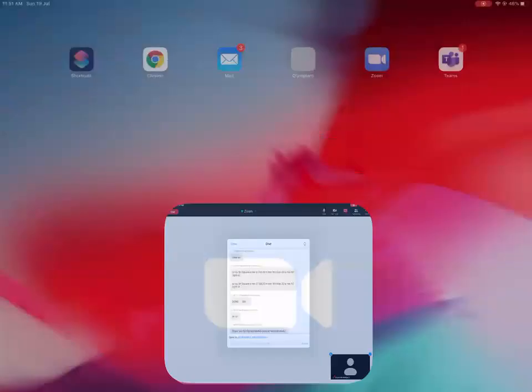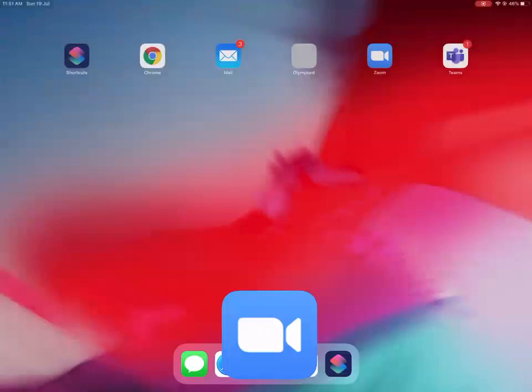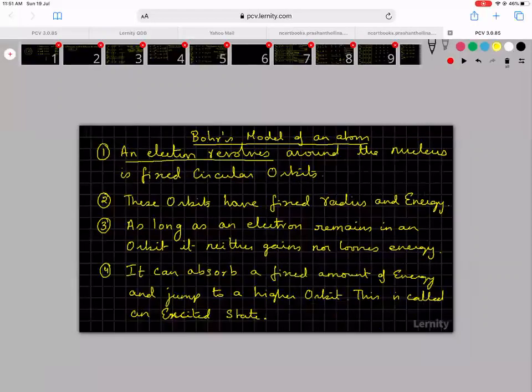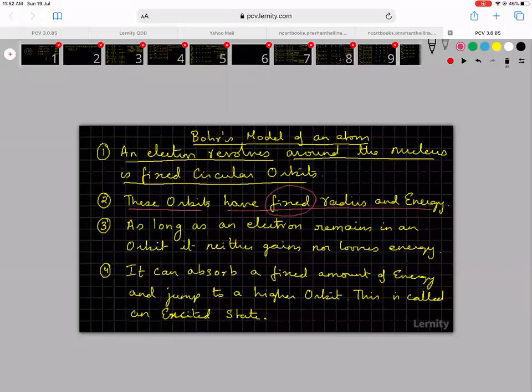Okay. So now, if this slide is clear: first, an electron revolves around the nucleus in fixed circular orbits. Second, these orbits have fixed radius and energy. Fixed means they will have a specific radius and a specific energy.